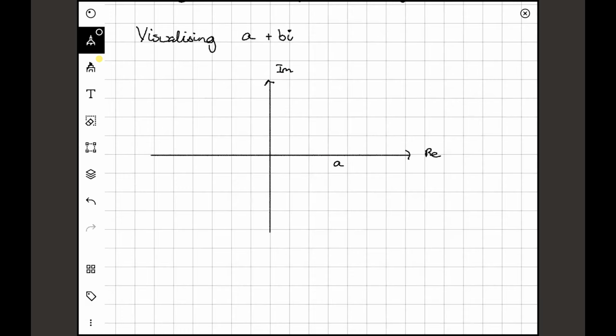So if I wanted to represent 2 plus 2i, I would go 2 along the a-axis, 2 along the b-axis, and this here would be 2 plus 2i. Or if I wanted to do something like 3 plus 1i, I would go 3 across and 1 up. So I would get 3 plus i here.